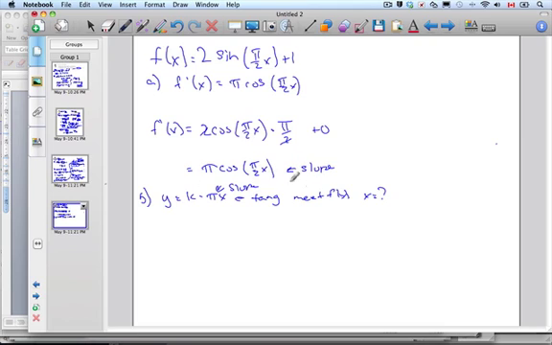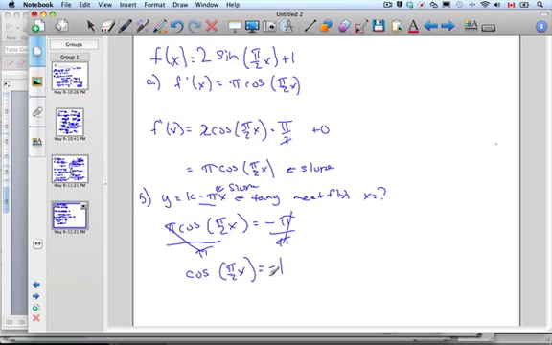So if we set them equal to each other, we can find our x value. Pi cosine(pi over 2 x) is equal to minus pi. Be careful, it's minus pi, my slope. I divide both sides by pi, and I get cosine(pi by 2 x) equals negative 1.